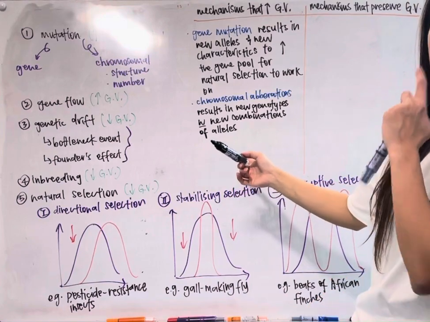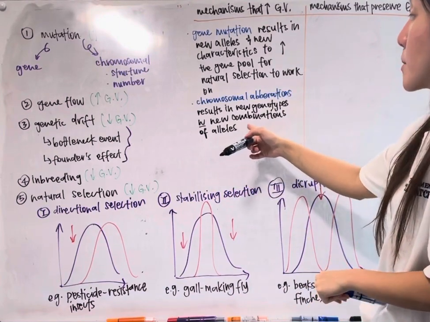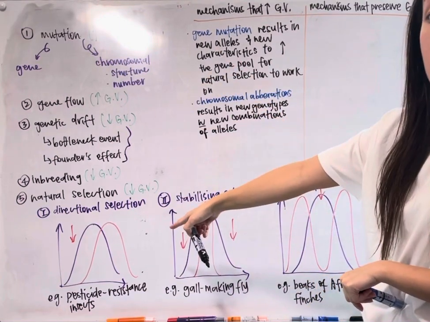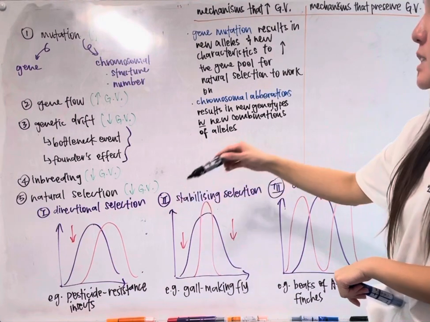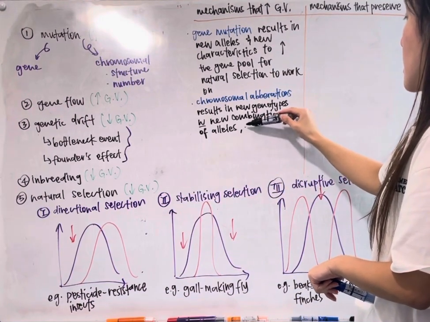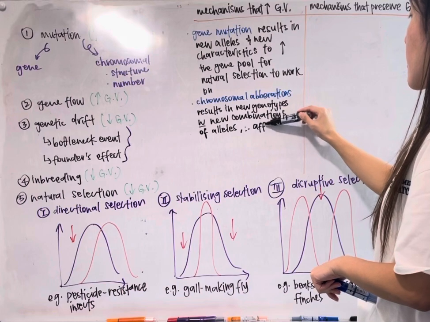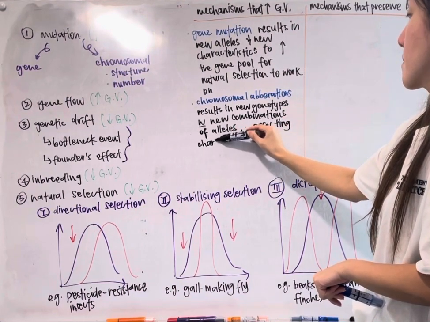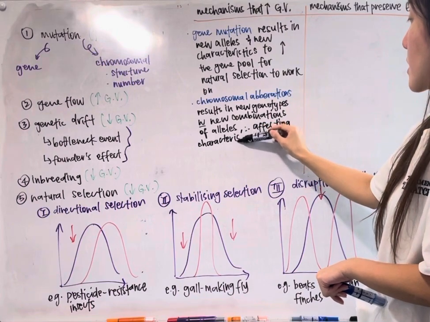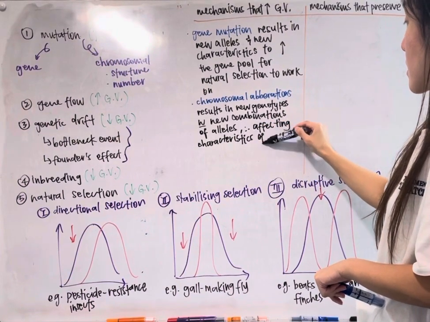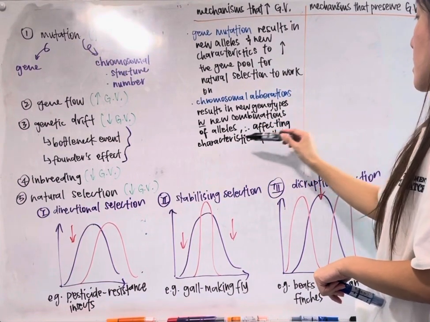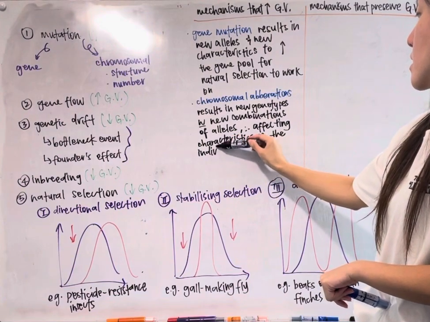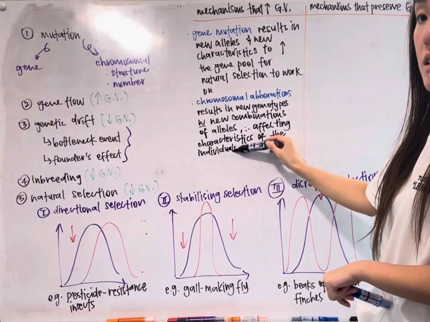The idea is that not only do you have a new combination of alleles, remember I say you must result in phenotypic changes, right? So you must tell me how this will affect characteristics of the individuals.